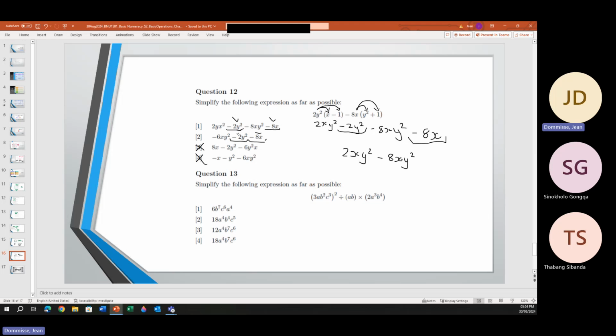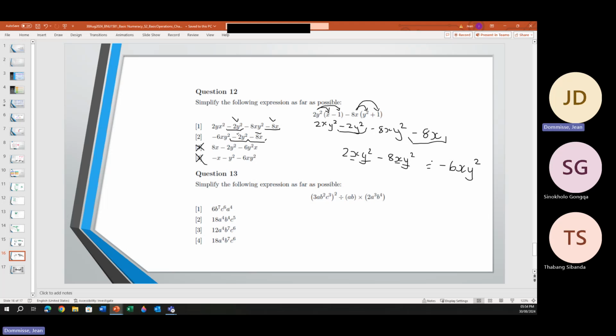Okay, so exactly the same. There's the x, there's the x, there's the y2, there's the y2. So we know that the variables are the same. So then we can just say 2 minus 8, which will be minus 6x y to the power of 2.